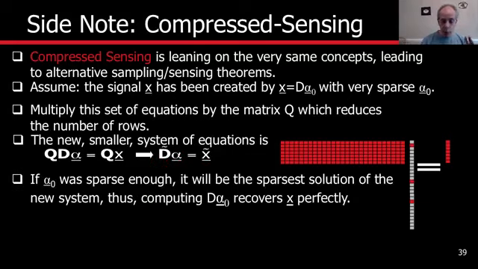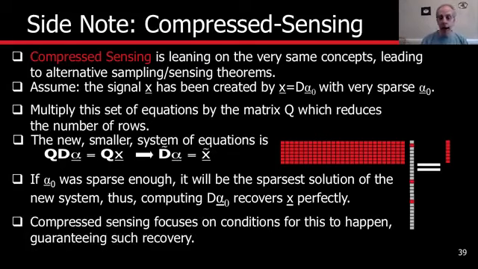Now, what compressed sensing does, it deals with this fundamental problem, and basically the idea is to provide conditions for the recovery to be possible. The conditions have to be on Q, the sensing matrix, they have to be on D, the dictionary that we use for the sparse representation, and also on the level of sparsity of alpha.